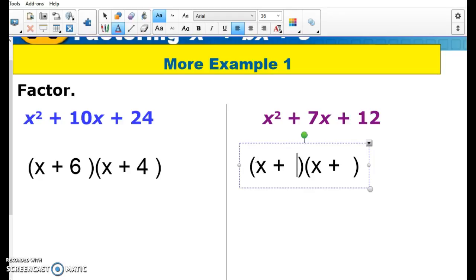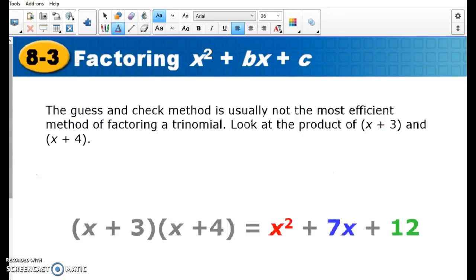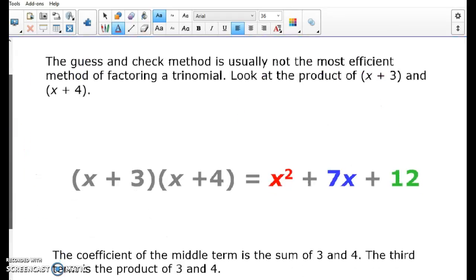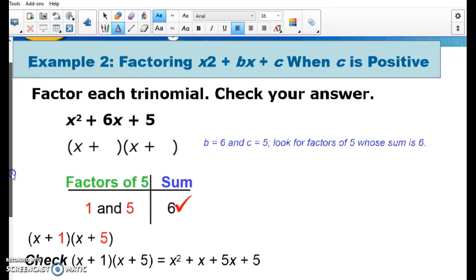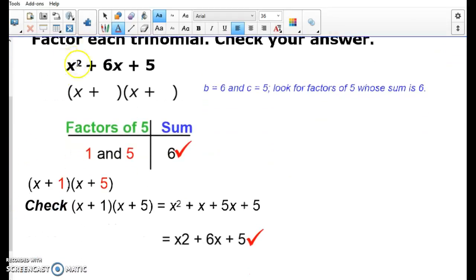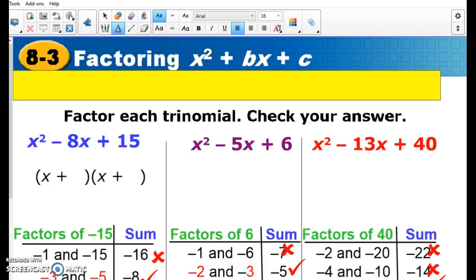Pretty much my only ways to multiply to get to 12, and only one of those adds to 7, and it's going to be 4 and 3. And then we'll see some other problems here. So x squared plus 6x plus 5. Again, the only way to multiply to 5 is 5 and 1, so that makes it a little simpler when there's only one way to multiply. So if it's a prime number, that makes it a little simpler.